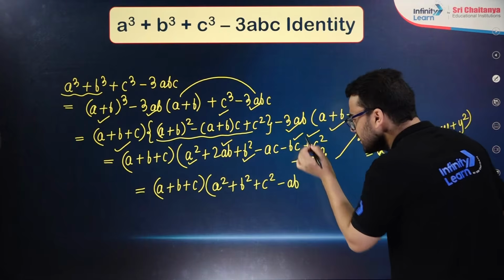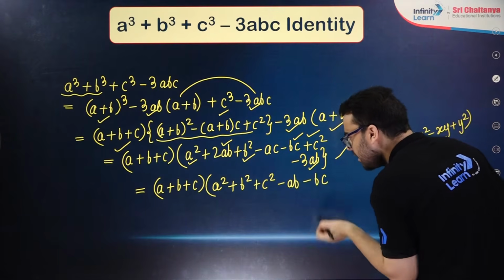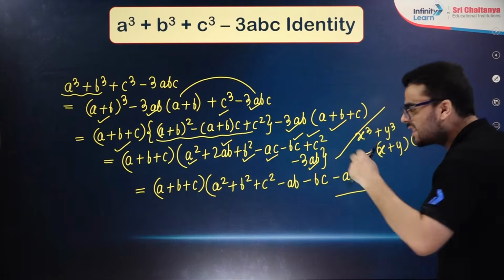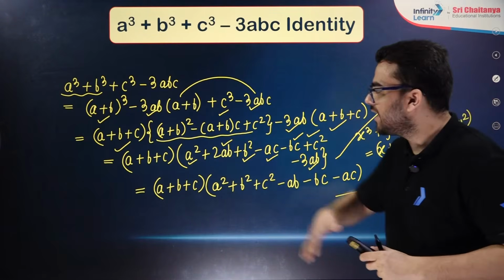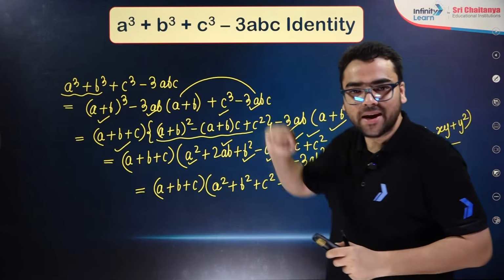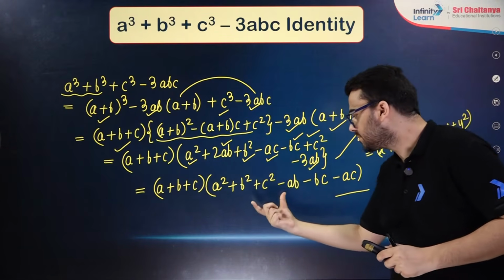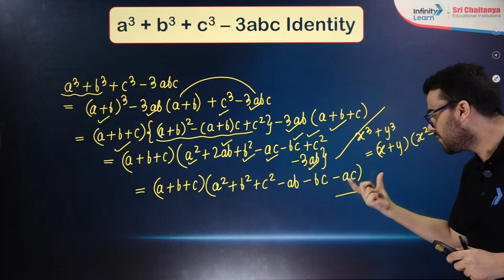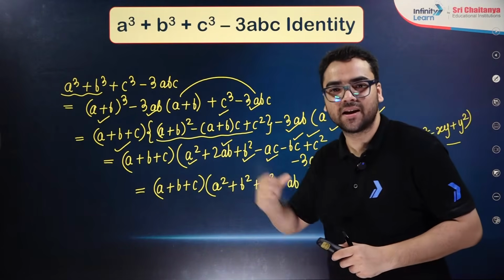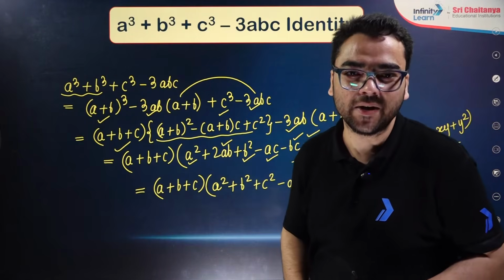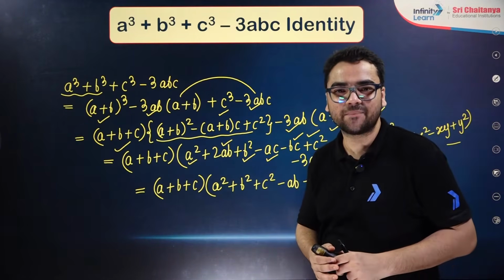You are getting minus bc over here as well, and minus ac as well. That is the identity: a cube plus b cube plus c cube minus 3abc is a plus b plus c into a square plus b square plus c square minus ab minus bc minus ac. I hope that is clear. That's a hell of an important identity basically. I hope that is clear up till here.